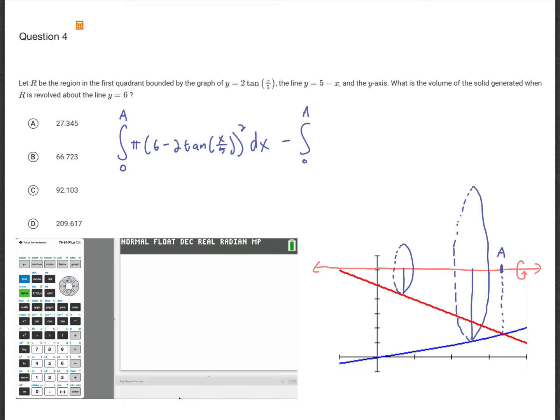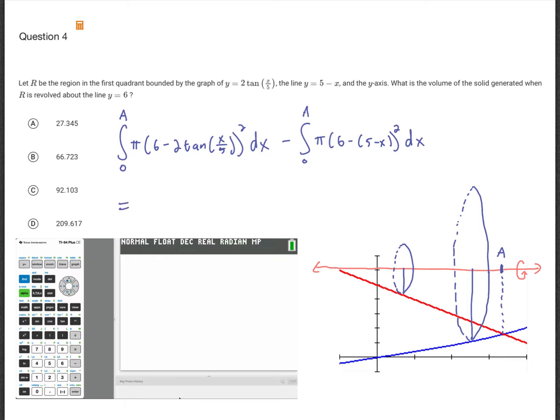This radius is 6 minus this function, so that's the thing that'll be squared. Start off the same: pi times the line y equals 6 minus 5 minus x. That's the radius. We'll square that, and that'll hollow it out. So that's going to be the answer.